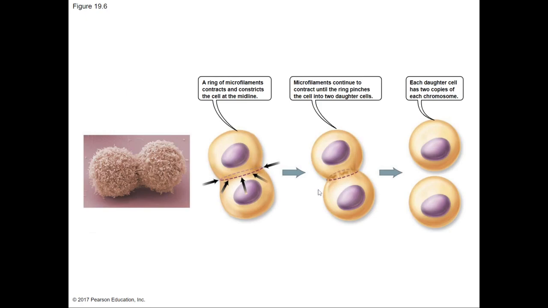So here we have, for example, a cartoon of a cell that's undergone telophase, but now we have to separate the cytoplasm. So we have microfilaments that come around the center of this cell, like around its waist, like a very tight belt, and begin to contract and actually pinch off the cytoplasm until the new membranes form and we have two separate cells.